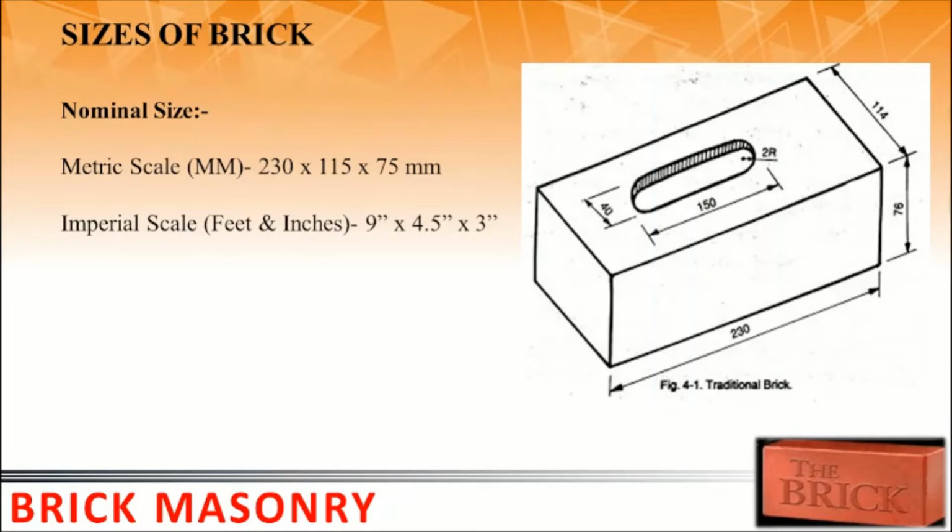Second is the imperial scale, which is feet and inches. If we talk about the brick size, it is 230 mm by 115 mm by 75 mm. On the imperial scale, it is 9 inches by 4.5 inches by 3 inches.